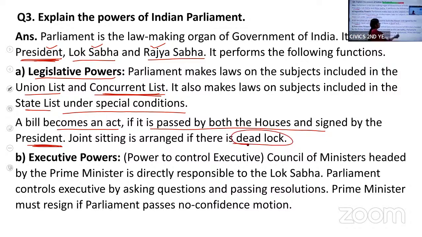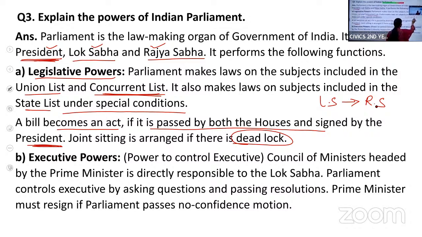Here, what happens? A bill is passed from Lok Sabha and it is sent to Rajya Sabha. Now, Rajya Sabha either has to approve it or reject it.